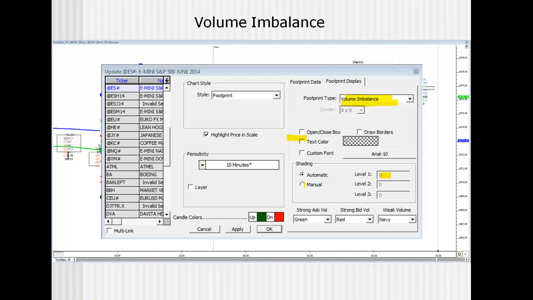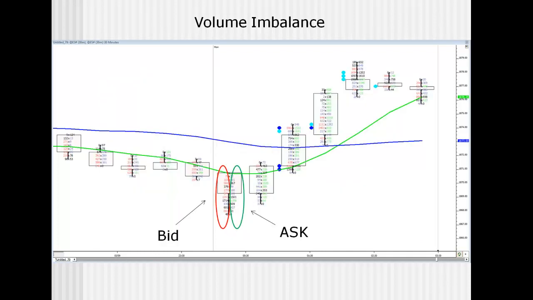So that is the basic idea behind the imbalance. We look at variations in percentages between the volume at the bid and the ask. However, this is something very important that I want to highlight for you. We do not look at it in terms of the same price level. We look at it diagonally.